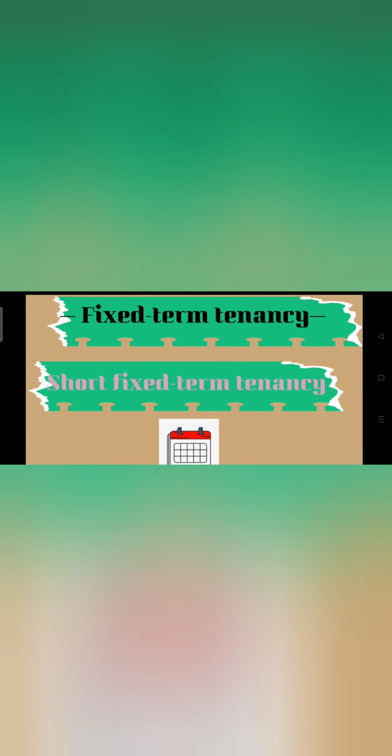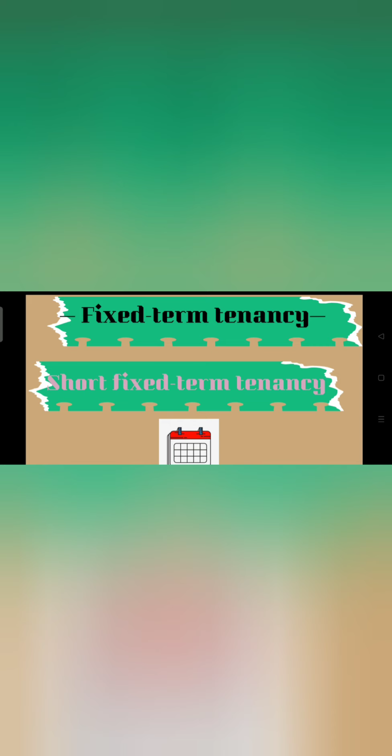Fixed-term tenancy. A fixed-term tenancy agreement lasts for a set amount of time, for example 1 year. There is no maximum length for a fixed-term tenancy. You must include the length on the tenancy agreement.